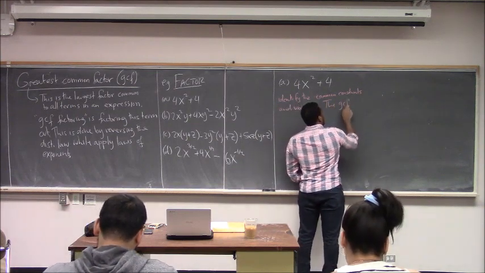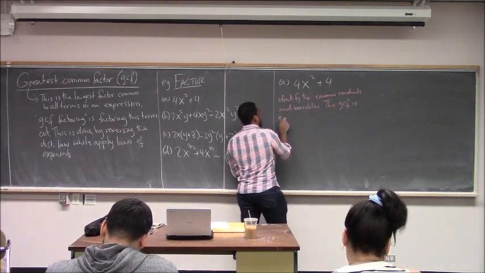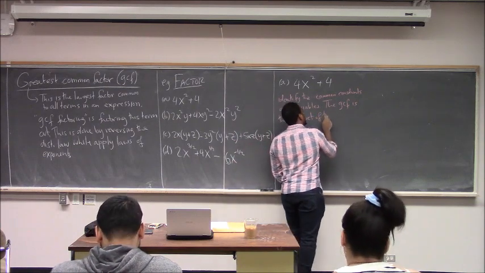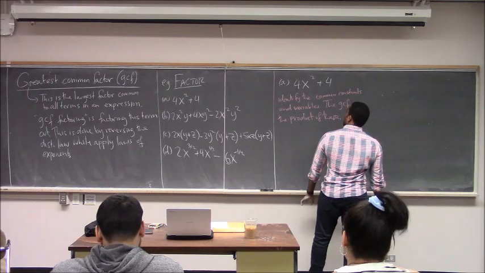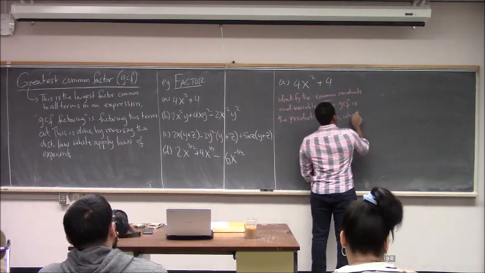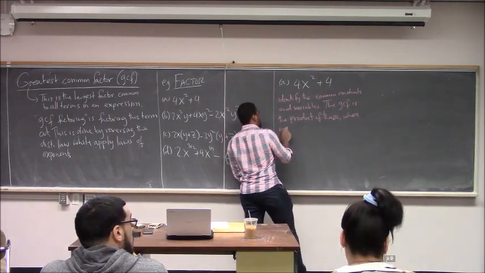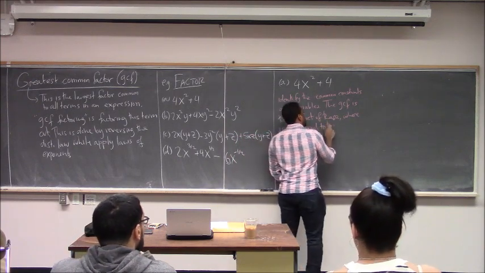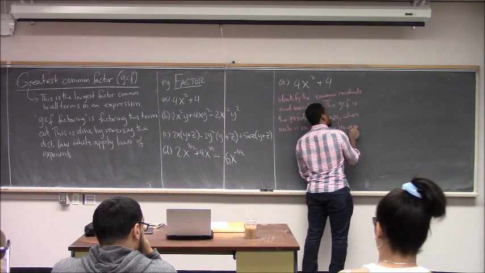The GCF is the product of all of these things, where each is raised to the lowest power to which it appears.